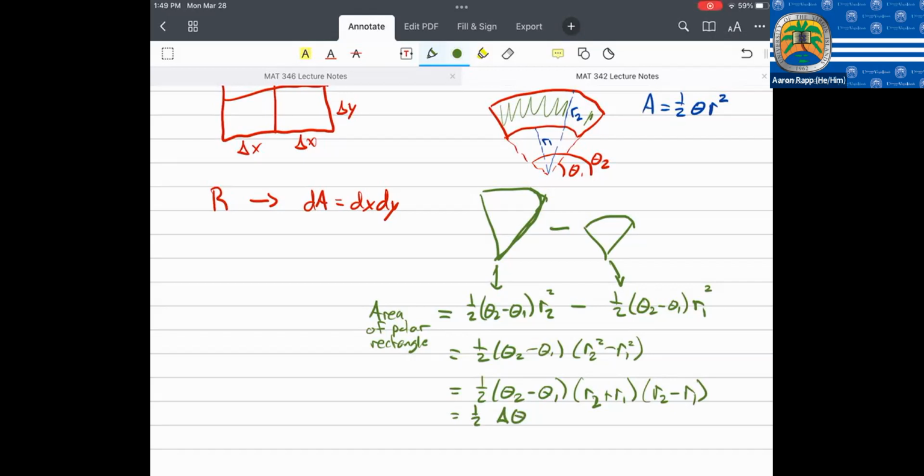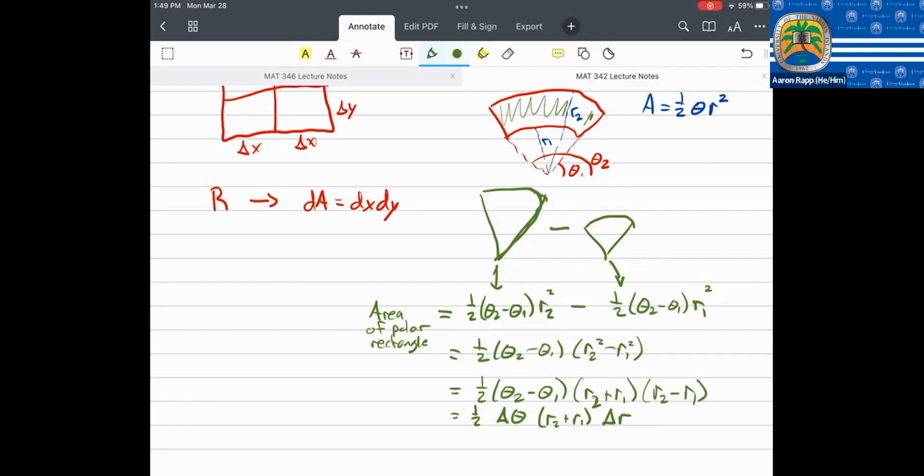Because our goal in Riemann sums is to make these rectangular regions small, whether it be in rectangular coordinates or polar coordinates, I'm going to have this R2 plus R1, but then that difference, R2 minus R1, is just a change in what variable? A change in R. How much those two radii differ from each other.